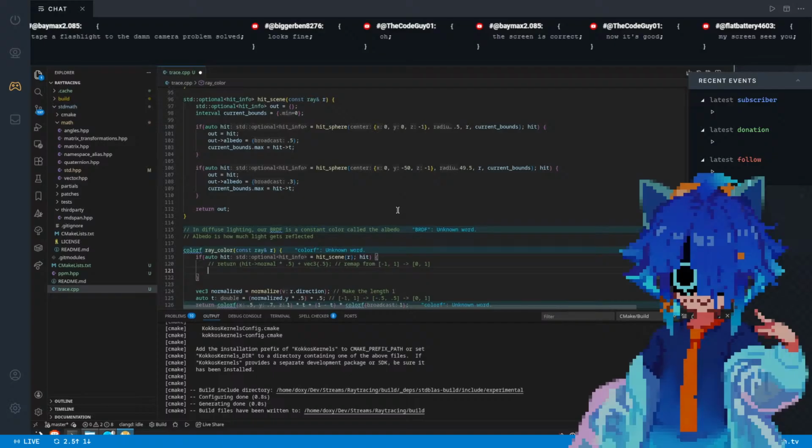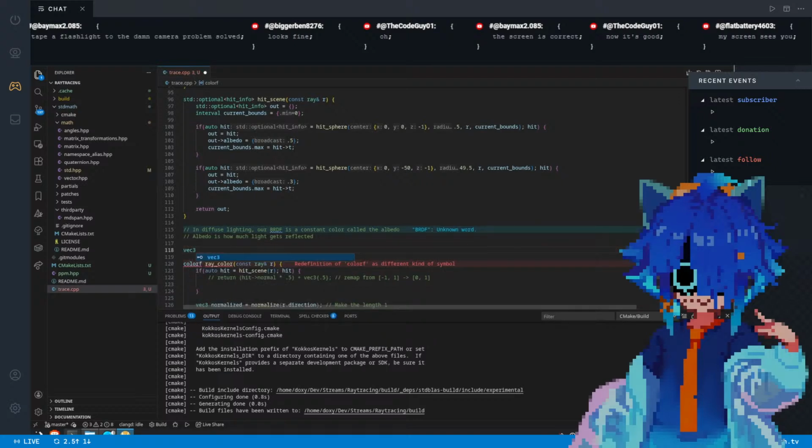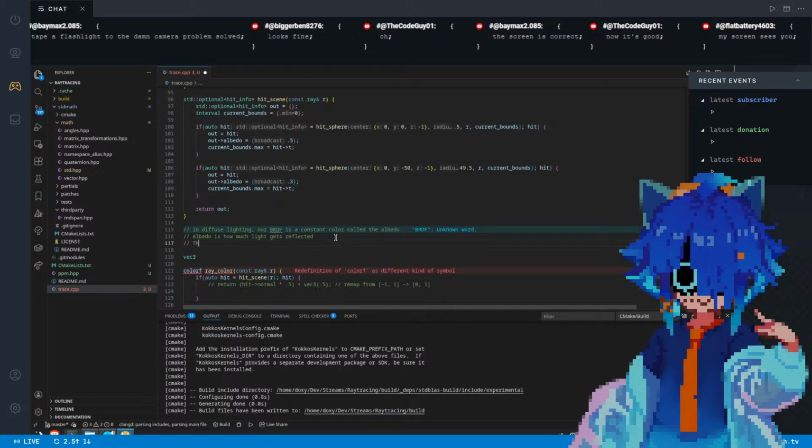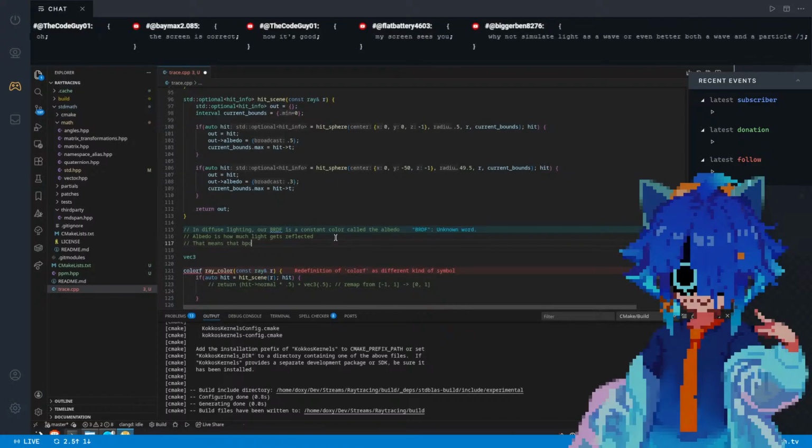So let's implement it. The other interesting thing here is that since the BRDF is constant, that means that bouncing is random.